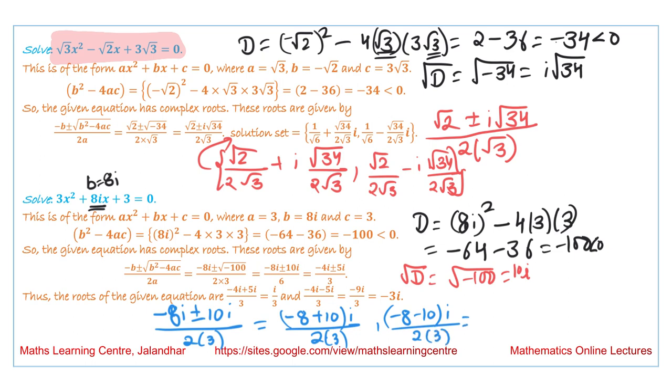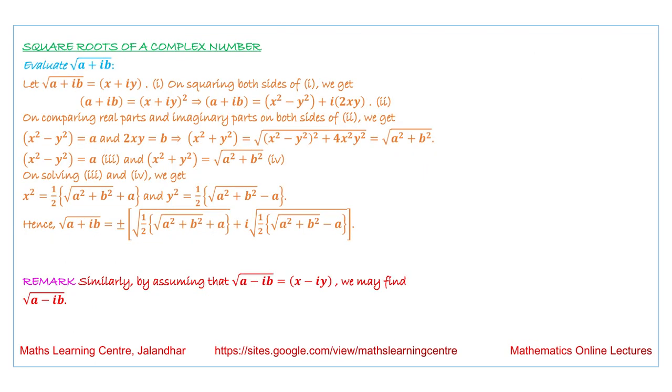So the first value is iota by 3, and the second value will be −9 iota by 3, that is equal to −3 iota. So these are the two roots corresponding to this equation.